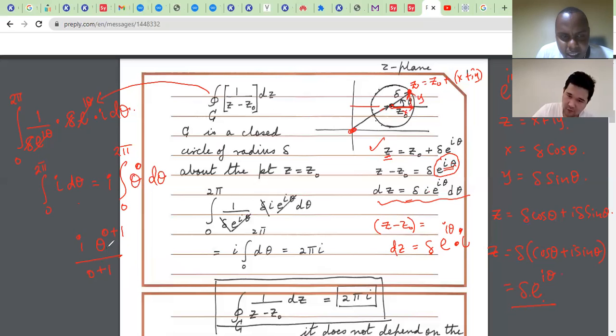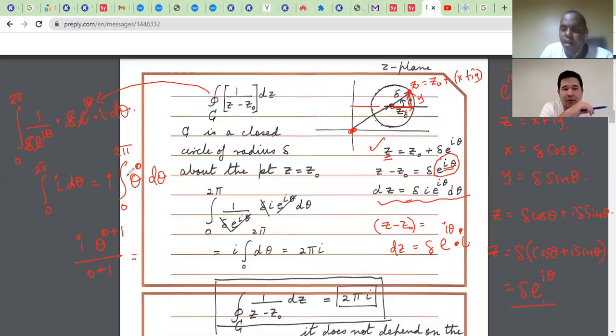It's just going to be iθ. I thought that n plus 1 was the upper limit, no? It's not the upper limit. n is the power.